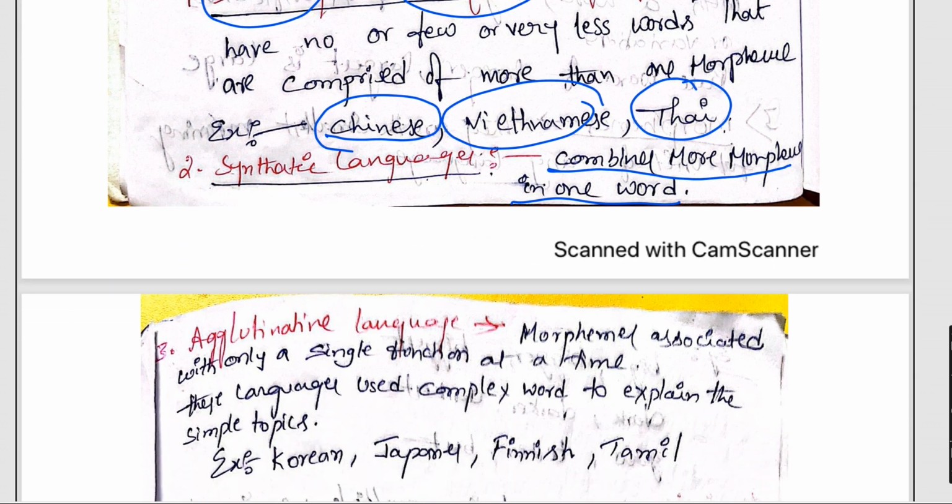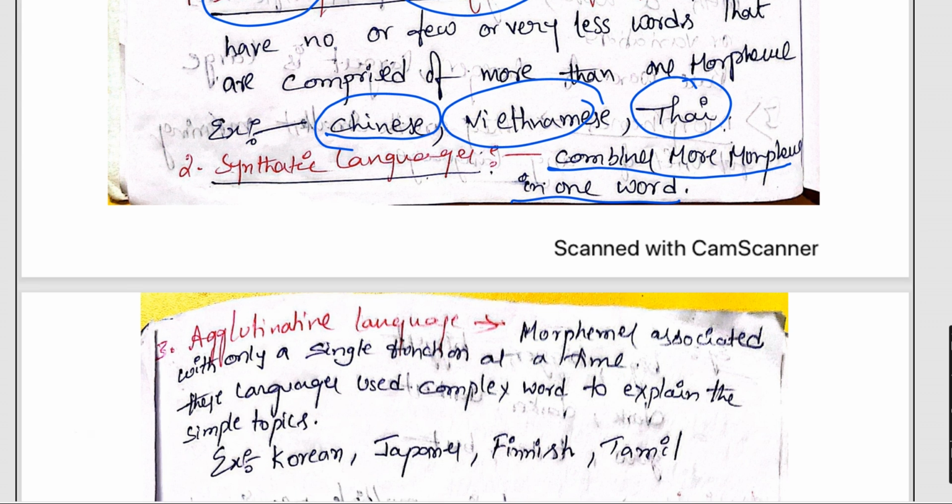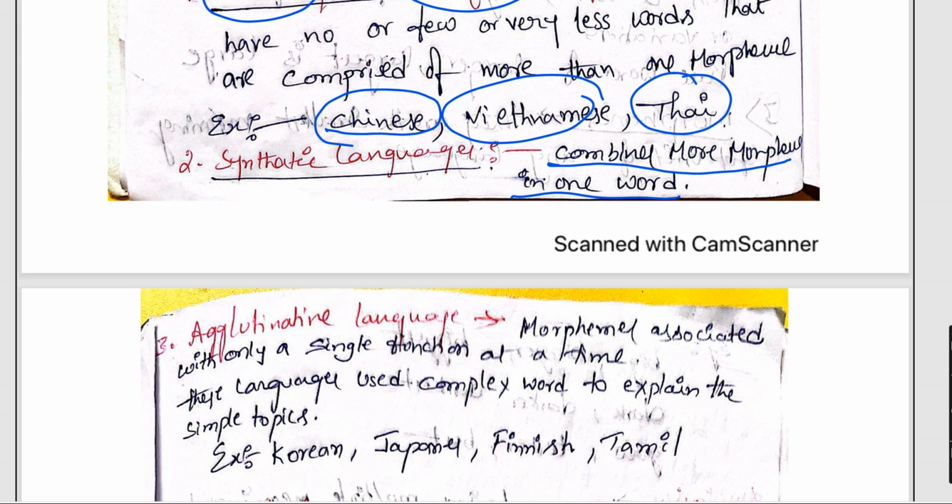Then the agglutinative language. Agglutinative language means the language has more words, but for explaining a simple topic they use very complex words. For example, for explaining that he is going there, they use very typical words. That kind of language is called an agglutinative language.